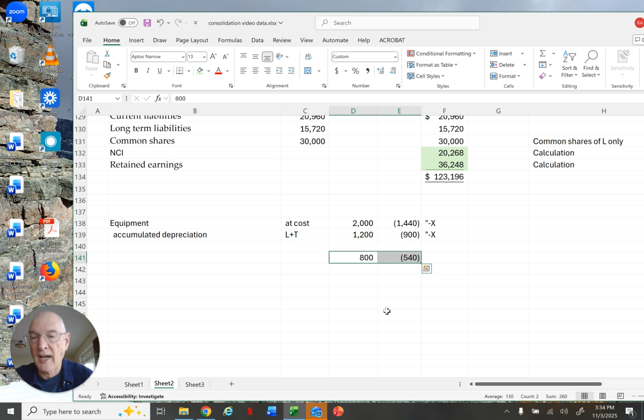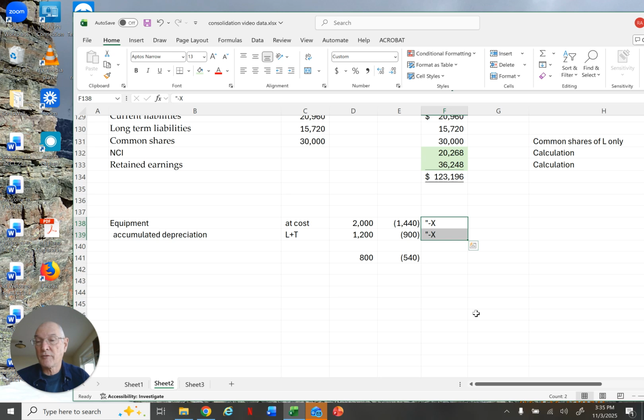Now, one last little thing. This is a detail that you'll certainly see in my course, and I'm not sure if you're taking this somewhere else, if you'll see this detail or not. But what I have here is minus X, the accumulated depreciation of the subsidiary at the date of acquisition. So part of what we're doing when we take over this subsidiary is we're saying, okay, what is the book value of equipment?